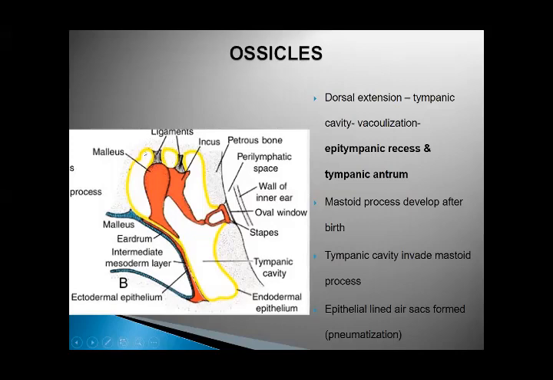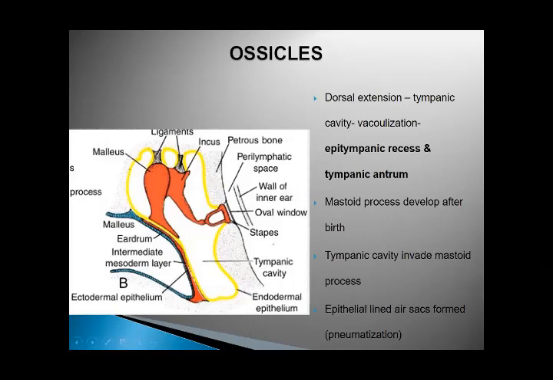That is the tympanic cavity, and this has a lateral extension, which is called epitympanic recess. ये इंशाल्लाह आप लोग कल पढ़ेंगे. बाकी रह गया mastoid process. ये actually develop होता है after birth by the constant use and traction of the muscles attached to it, mainly the sternomastoid. ठीक है?